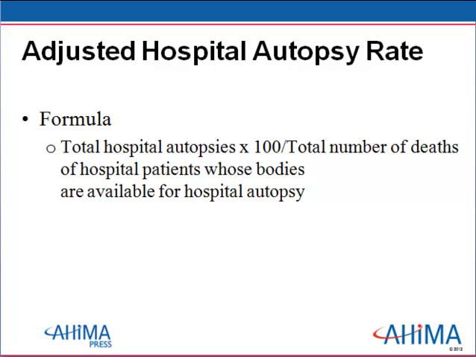The formula for adjusted hospital autopsy rate is total hospital autopsies times 100 divided by total number of deaths of hospital patients whose bodies are available for hospital autopsy.